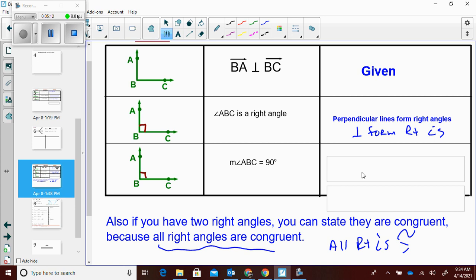So after I show it's a right angle, I can say it's 90 degrees, definition of right angles. So perpendicular is always followed by I have a right angle. You may go to proving two angles congruent. When we get to triangle proofs, you may use that for hypotenuse leg, right? Or after I have a right angle, I need to know its measure, so then I'll say the measure of ABC is 90.